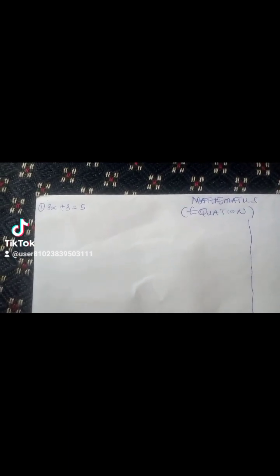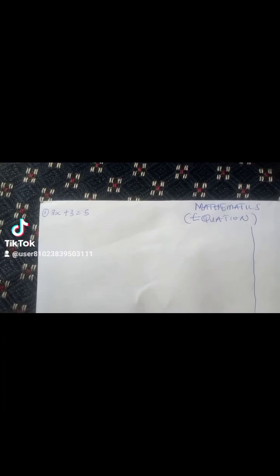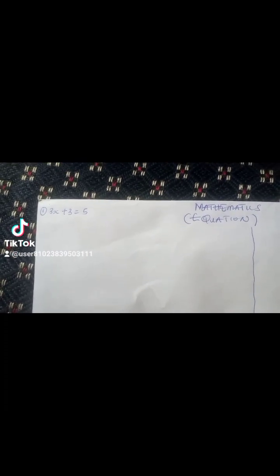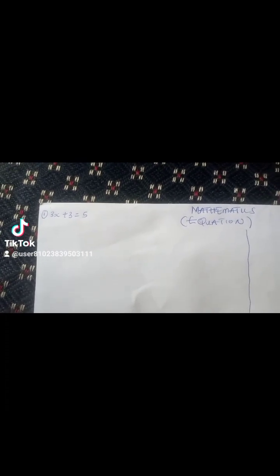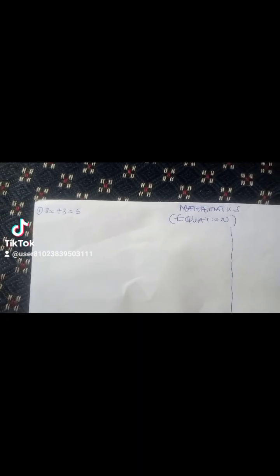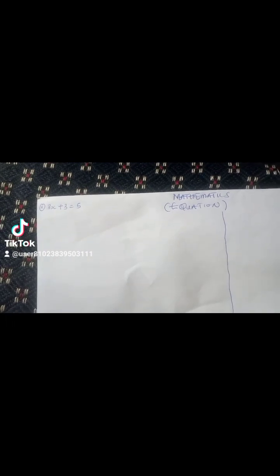That's to say x can have any quantity. x can be 1 in this equation, and x in another equation can be 100, can be 50, can be 1. There are measurements that don't have a particular size.